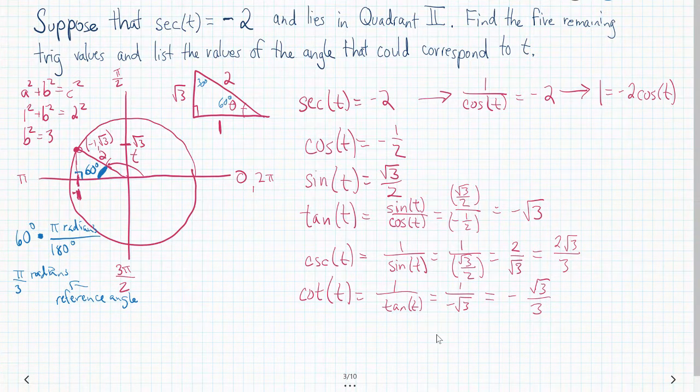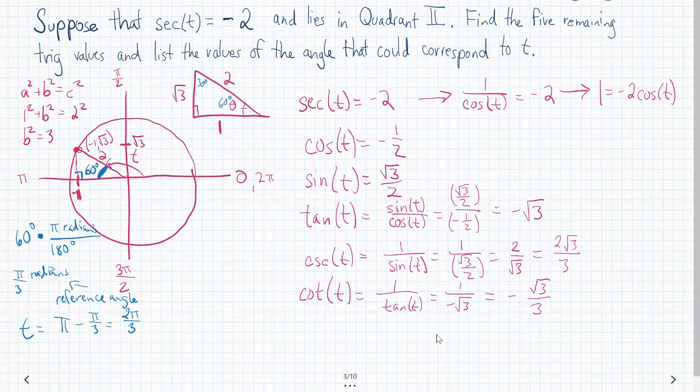So if we want t, t should equal pi minus, right, because we go all the way to pi and we subtract off that 60 degree angle. So pi minus pi over 3, which is equal to 2 pi over 3. Okay, so that's one possible answer, but actually, we can get a lot more.